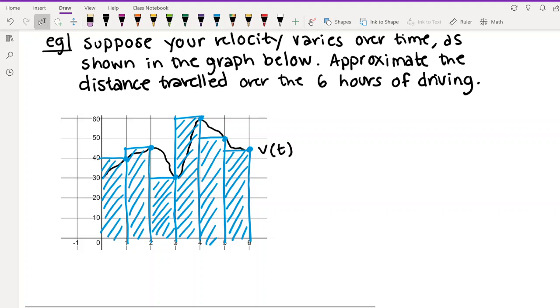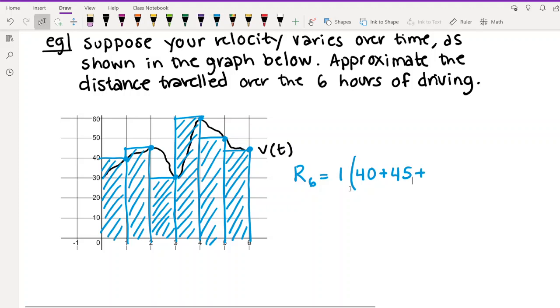So basically from this, we can find all these different areas. And so we can call this R6, right? Because we have 6 rectangles, right endpoints. Notice that the width of each interval is just 1. So we can factor out that 1, but it's not really going to matter. Really, all we're going to be doing is adding up the heights. So we have 40 as the first height. We have, let's estimate, 45 as the second height.